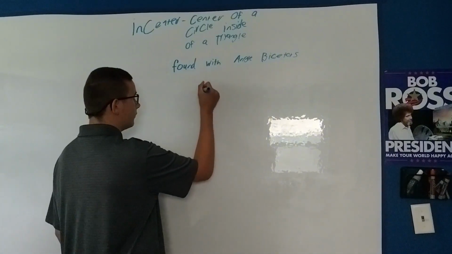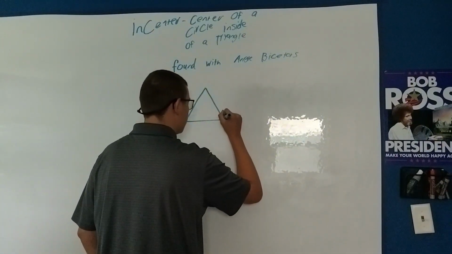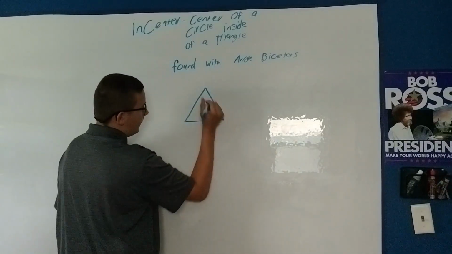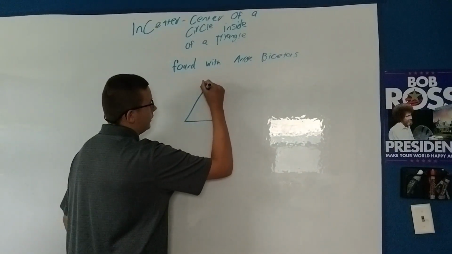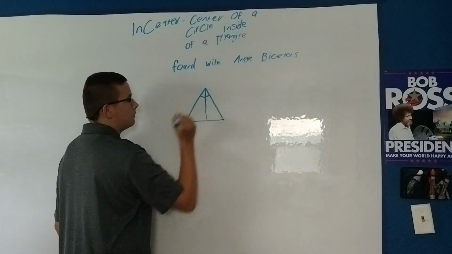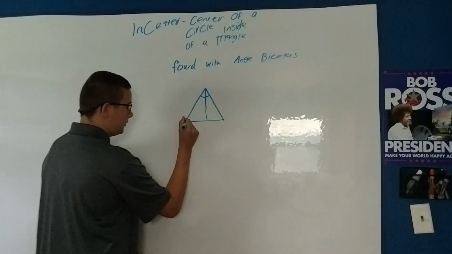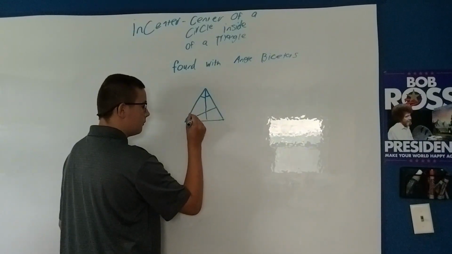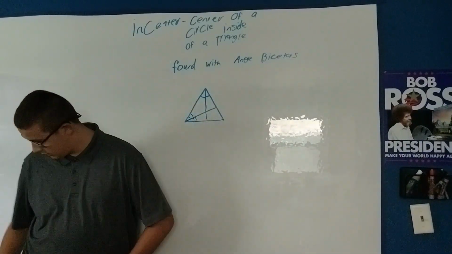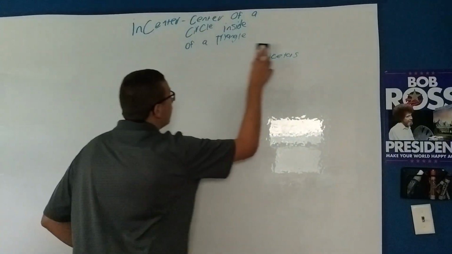And the angle bisector is a line coming out of a vertex, out of an angle, that cuts this into two congruent angles. So it cuts it perfectly in half. Same thing like that, cuts it perfectly in half. So that is the incenter.